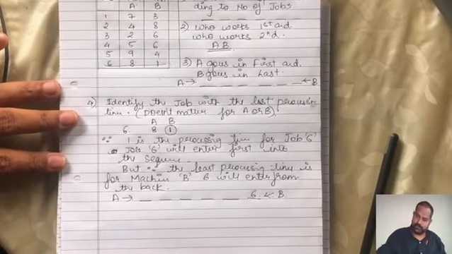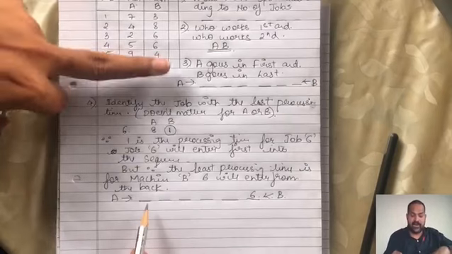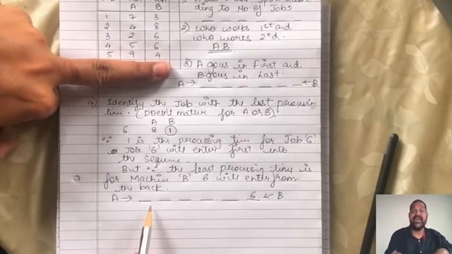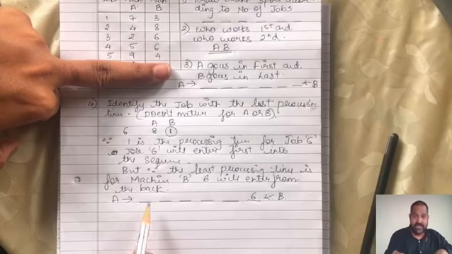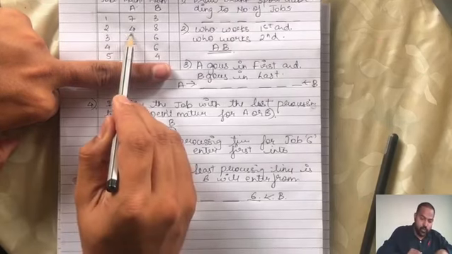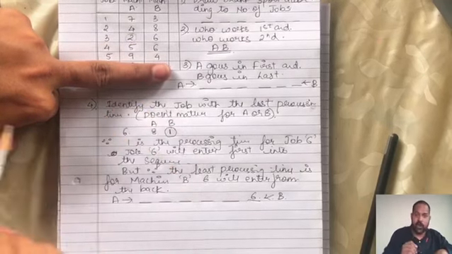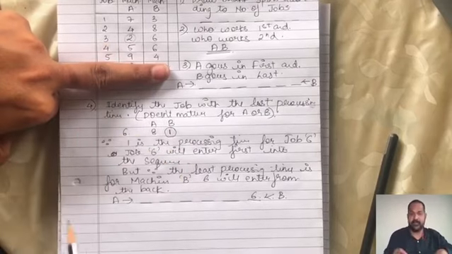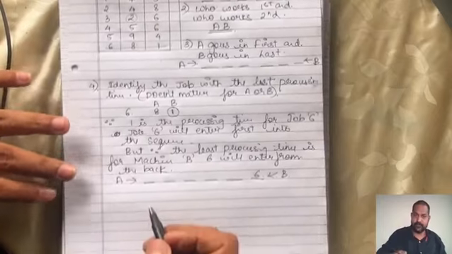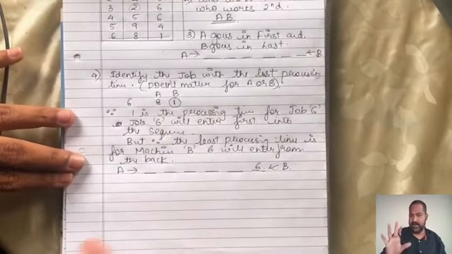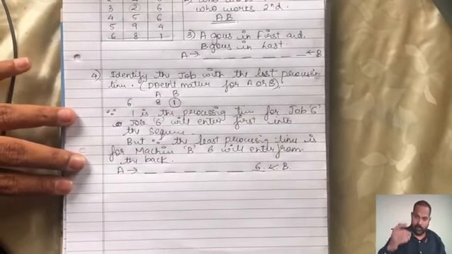Let's continue. Yes. After 6, go to the next least processing time. Well, the next least processing time is 2. Who is this processing time for? It is for job 3. Okay. Then 3 will enter next. So, I'm not writing the entire thing down anymore. I hope you understood it.